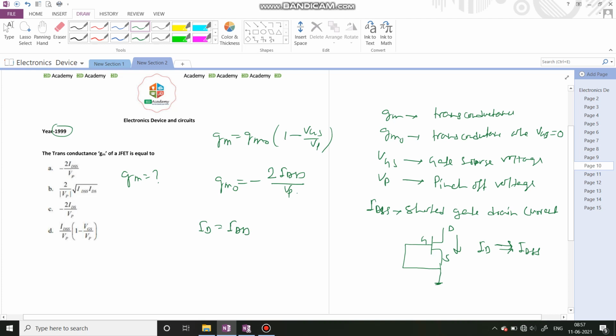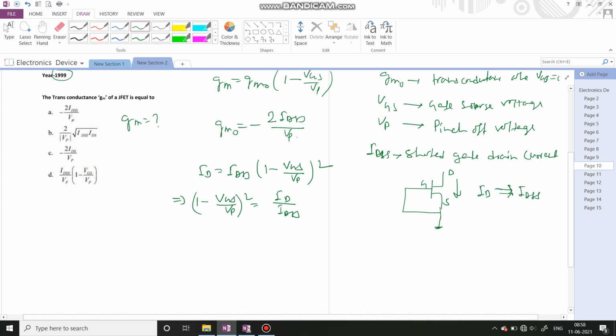Now we also know the JFET's current ID is equal to IDSS into (1 minus VGS by VP) squared. This is the drain current equation of JFET. From this equation, (1 minus VGS by VP) squared equals ID by IDSS, so 1 minus VGS by VP equals root over ID by IDSS.